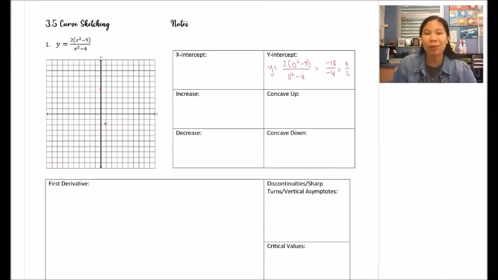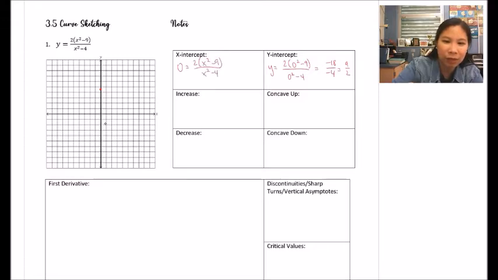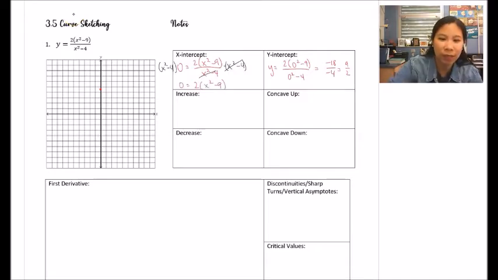The x-intercept is found by plugging in 0 for the opposite letter, which is y. So y is 0, 2 times x squared minus 9 over x squared minus 4. I can get rid of fractions by multiplying both sides by the denominator, x squared minus 4. We end up with 0 equals 2 times x squared minus 9, and x squared minus 9 factors into x minus 3 and x plus 3.